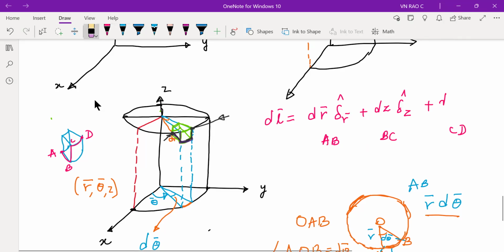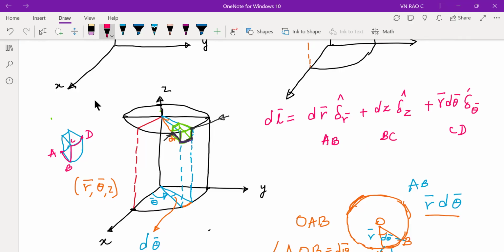What is CD? It is not simply d theta. You should remember this r bar d theta bar is the arc length, into the direction, what we are trying to say.